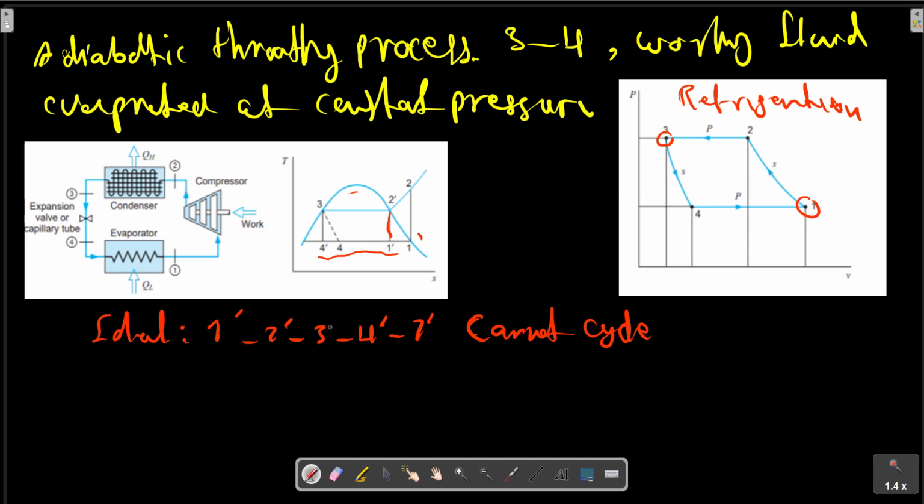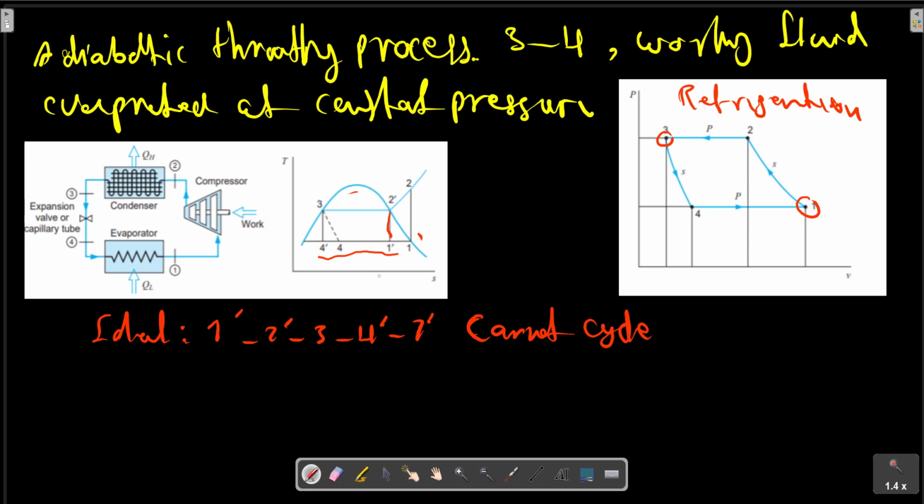It is much more expedient to have a compressor handle only vapor than a mixture of liquid and vapor, as would be required in the process 1 to 2 prime of the Carnot cycle. It is virtually impossible to compress at a reasonable rate a mixture such as that represented by state 1 prime and still maintain equilibrium between liquid and vapor.